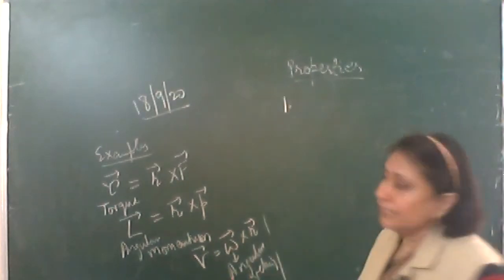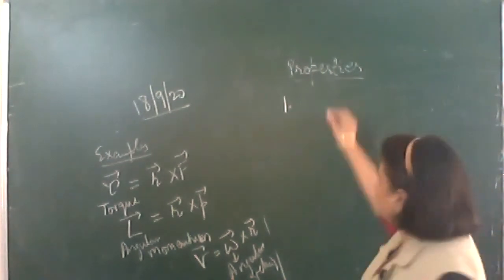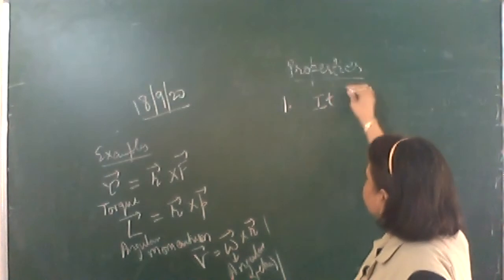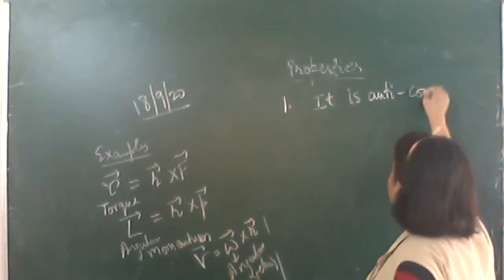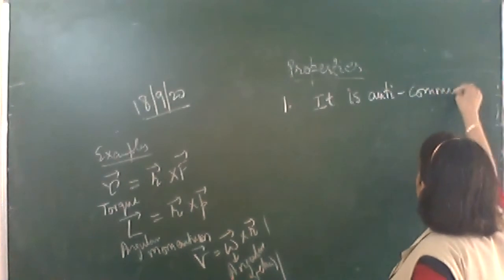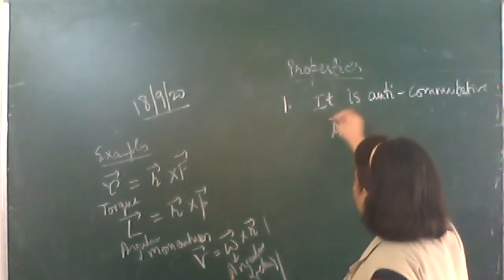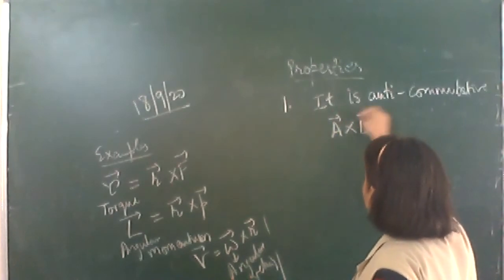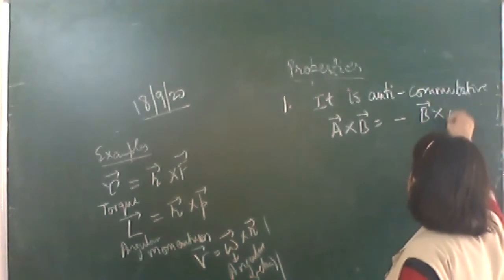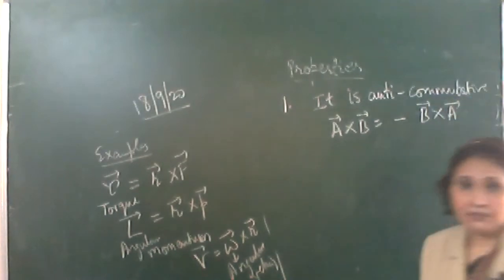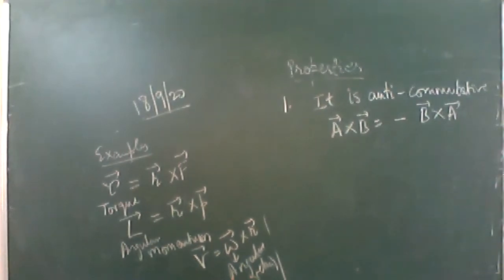First property, it doesn't obey the commutative law. It is anti-commutative. What does it mean? A cross B vector is equal to minus of B cross A vector.